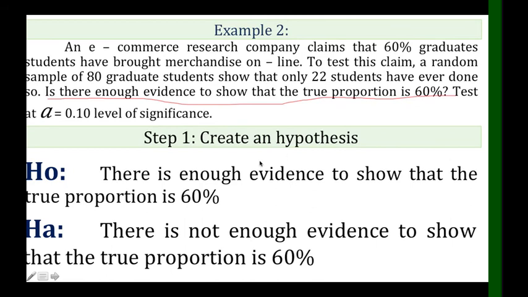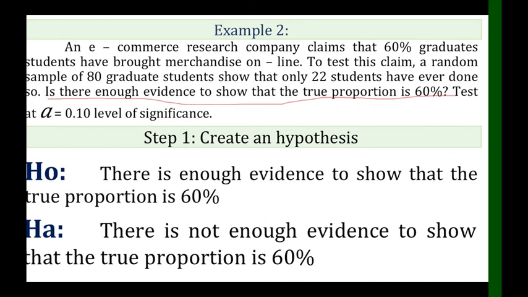Pwedeng ganon. So for the statement, yung positive, there is enough evidence to show that the true proportion is 60%, and that is HO. There is not enough evidence to show that the true proportion is 60%, and that is HA.